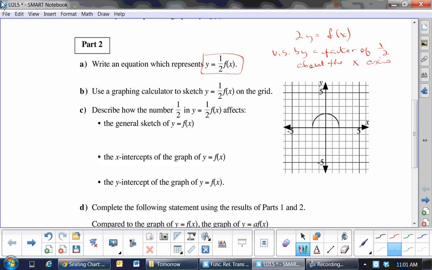So what I'm going to do is I will take every single y and I will multiply it by 1/2. So when I do that, I will get this. And it's about the x-axis, so that is where it's attached.